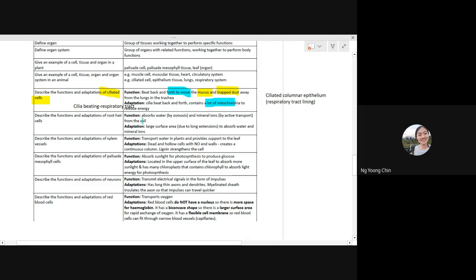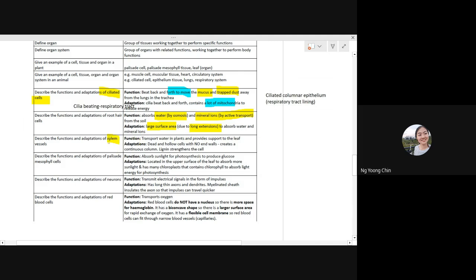And then how about the root hair cell? Okay, root hair cell is they want to absorb the water by osmosis and also the mineral ion by active transport. Please always remember the way how they get the water and mineral ion from the soil. So they have a very long extension with a very large surface area, so they can absorb more water and mineral ion. Yeah, you can see this is how you describe it.